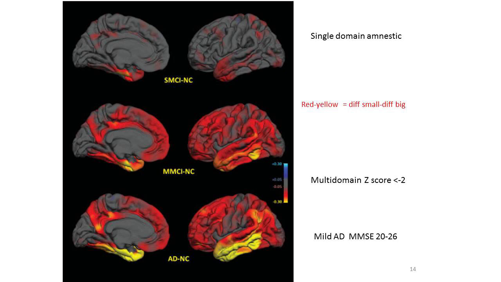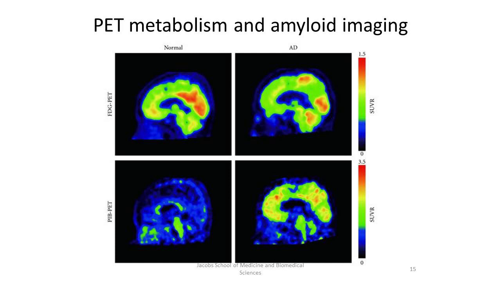In the mesial temporal lobe, the atrophy is really prominent. And then they get into the stage of mild AD, with MMSE between 20 and 26. So intervention at this stage is probably too late. You have to shift it earlier, and that's why we have to get good at diagnosing amnestic mild cognitive impairment.